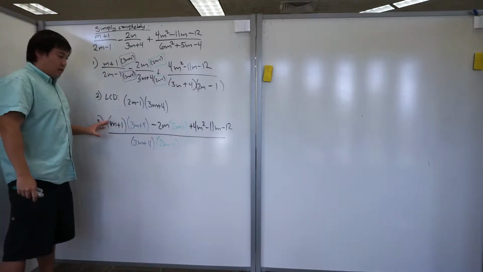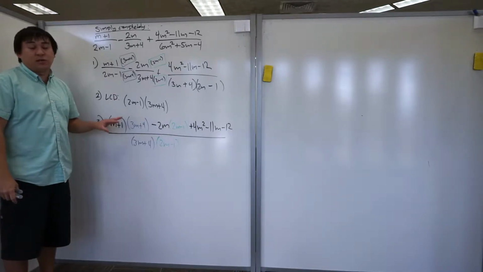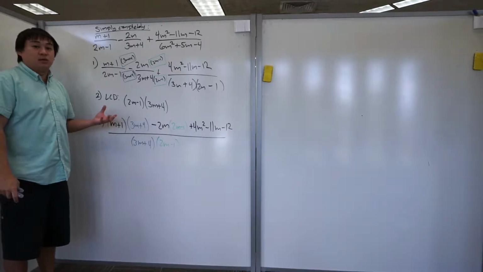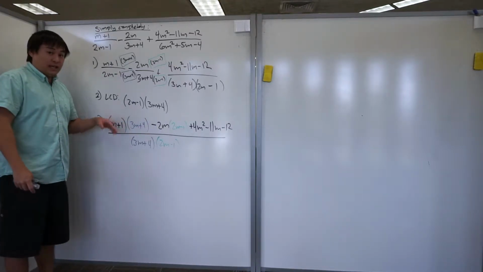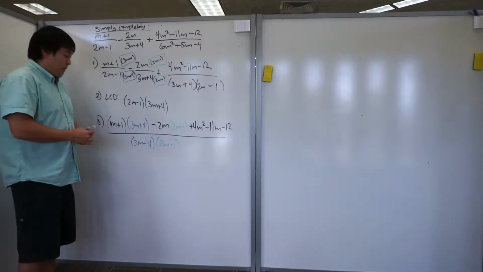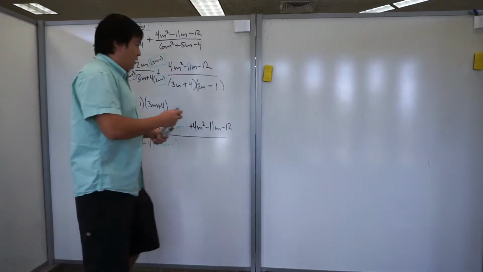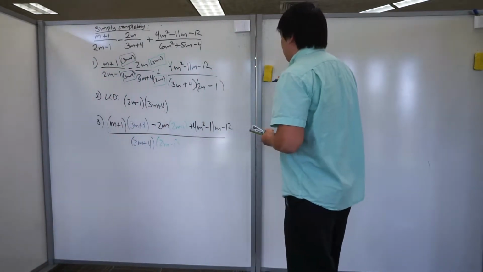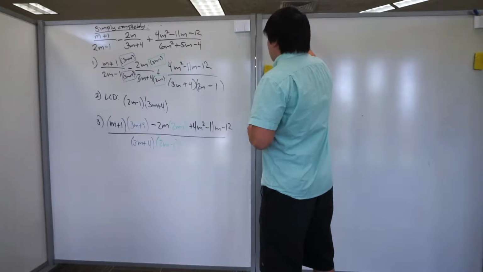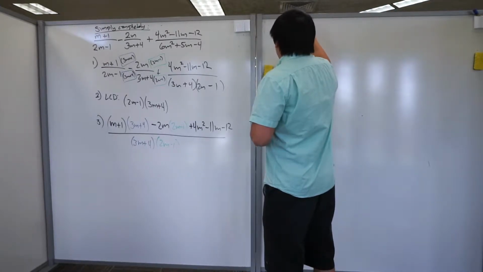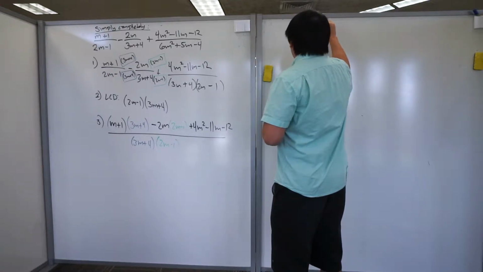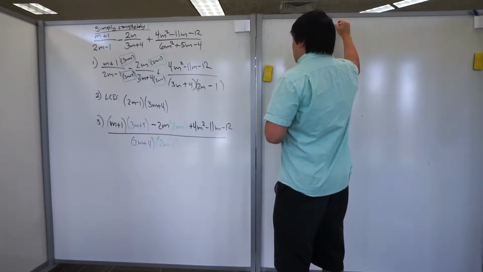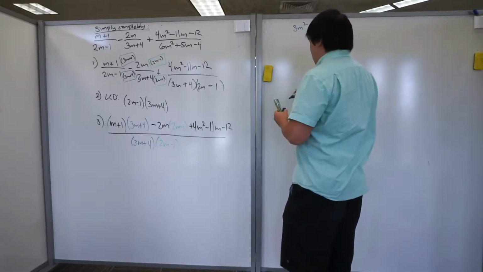So right now, this is where we would stop, right? If we just want to write it as a single fraction. So what we're going to do instead is we're going to do all of this arithmetic and see if we can simplify it even more. So from here, that first part, the part with the blue, if I do the multiplication, it's going to be 3m squared plus 4m plus 3m plus 4.